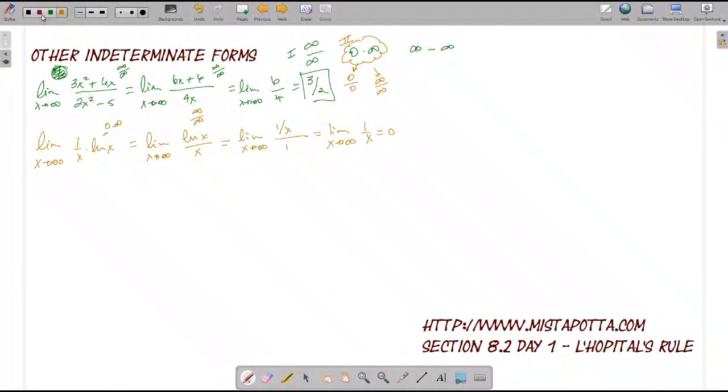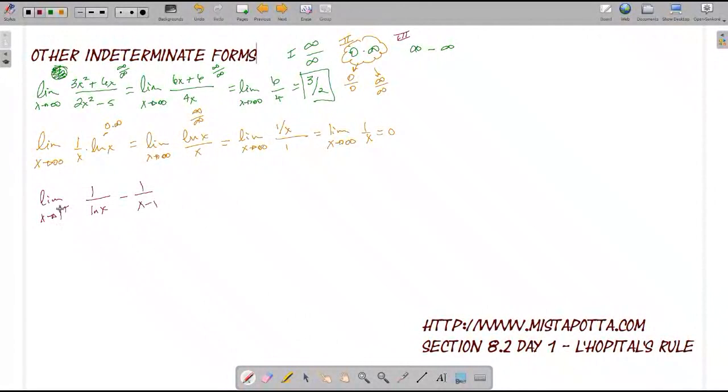And I wanted to do one last example of these three, this infinity minus infinity situation. So I wanted to take a look at the limit as x approaches 1 from the positive side of 1 over the natural log of x minus 1 over x minus 1.